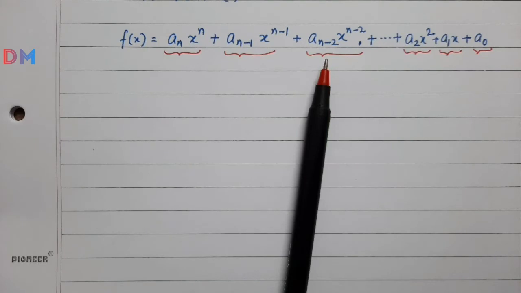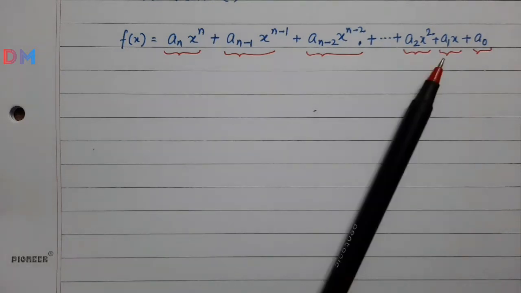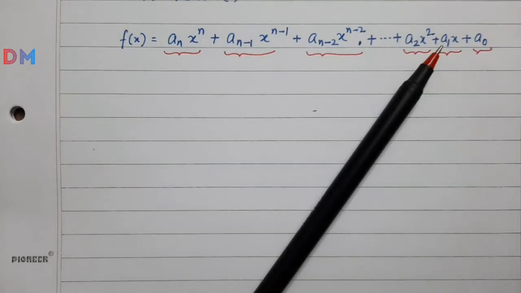Similarly, this term is called the term of x to the power n minus 2, and a_{n-2} is called the coefficient of x to the power n minus 2. This term is called the term of x, and a_1 is the coefficient of x.